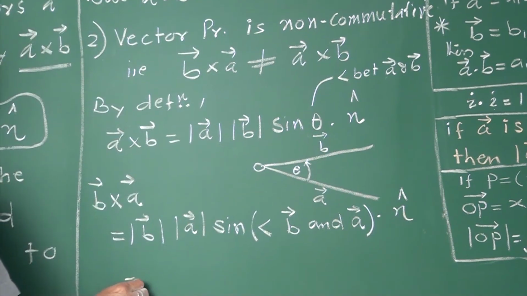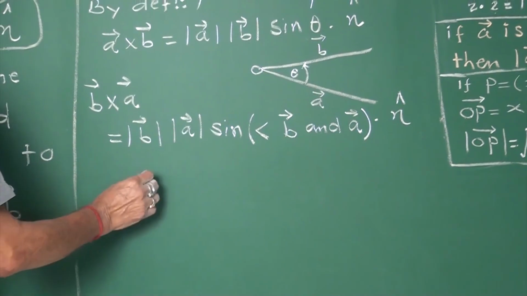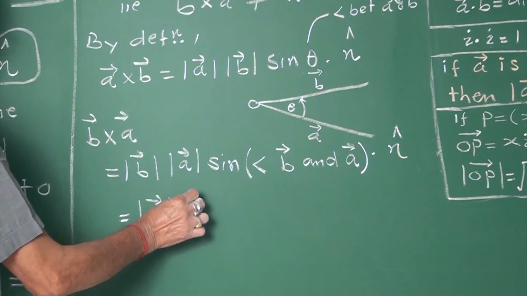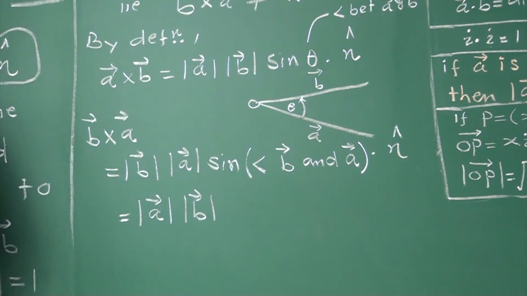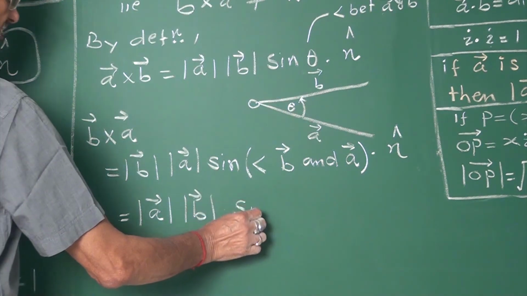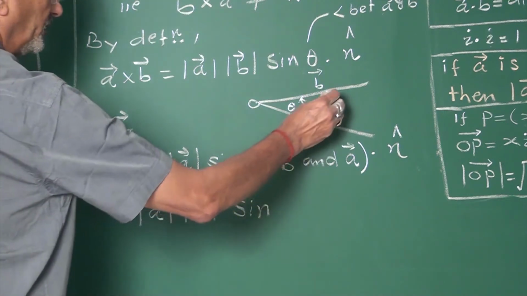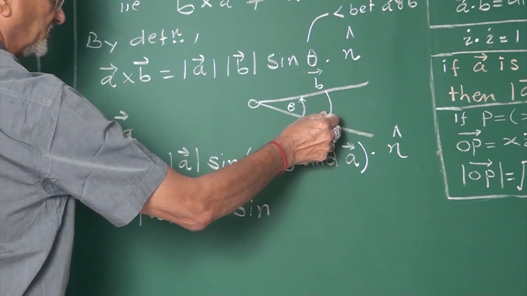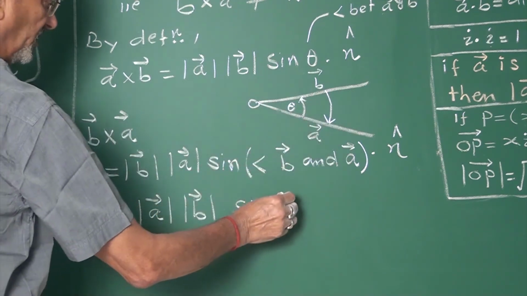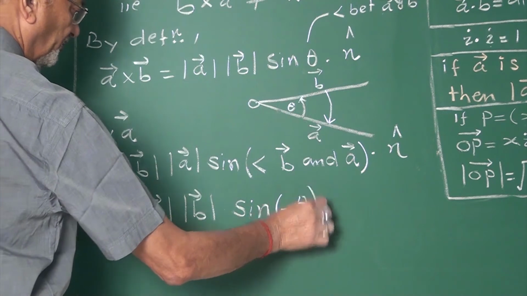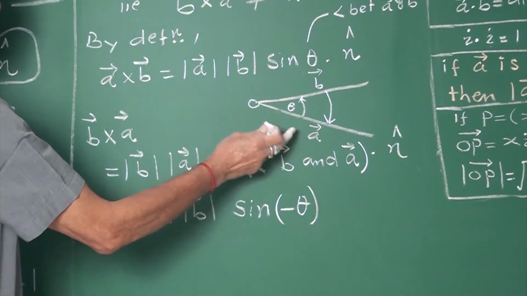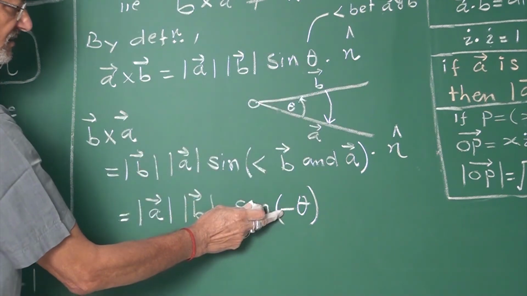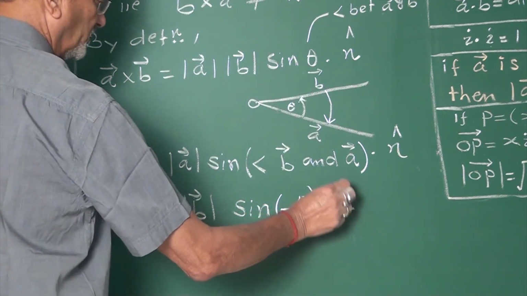Yes, my friend. Magnitudes are scalar quantities. Magnitude of A into magnitude of B into what is the angle? B and A means, my friends, this direction comes here. When it comes this direction, this theta becomes minus theta. Direction is changed. From A to B, from B to A, the same theta with a sign change, into eta cap.